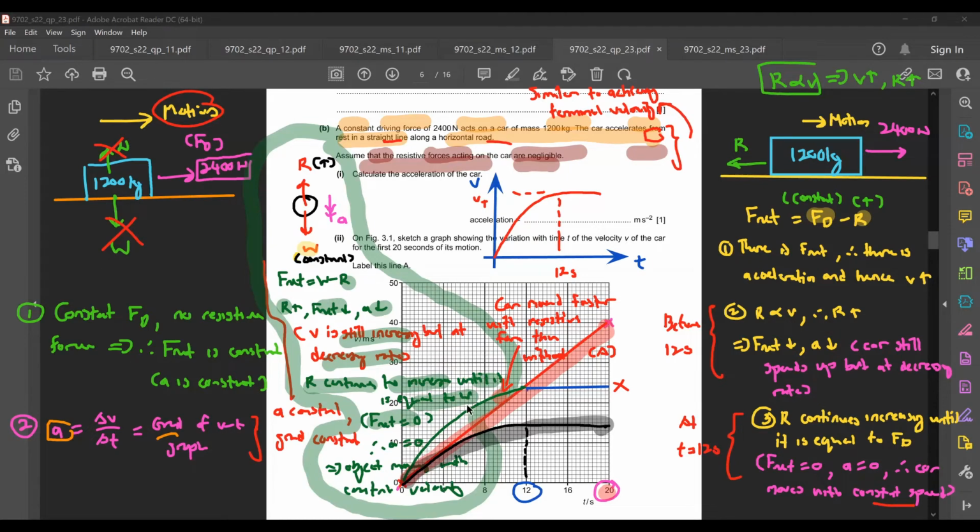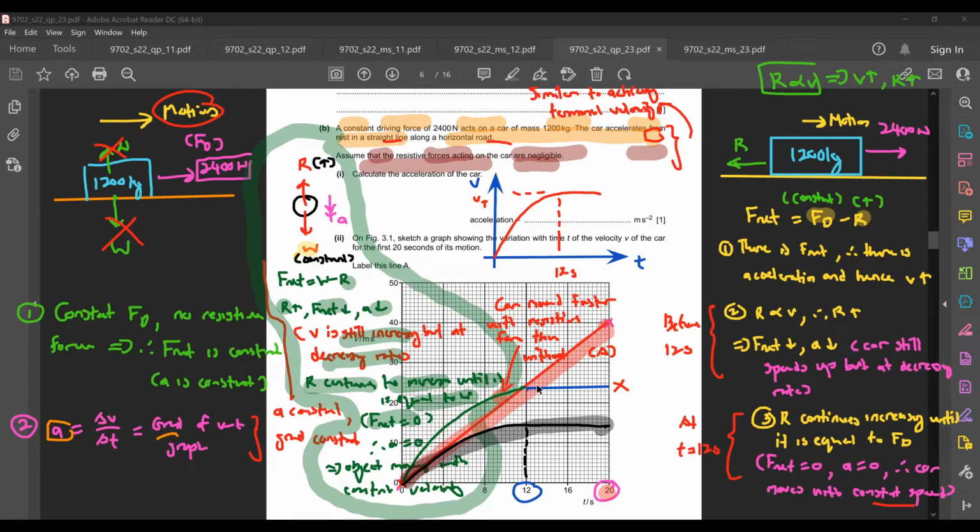Don't draw the green colored line. Don't draw the blue colored line. That is not the correct way to draw your line. You cannot draw the green line because your object is not supposed to move faster with resistive force than without. You cannot draw the blue line also because of similar reasoning. All this while you have been moving slower, your speed increase is getting lower and lower.